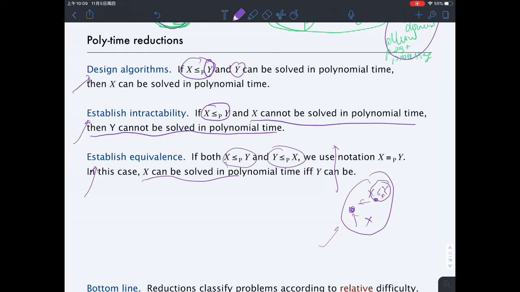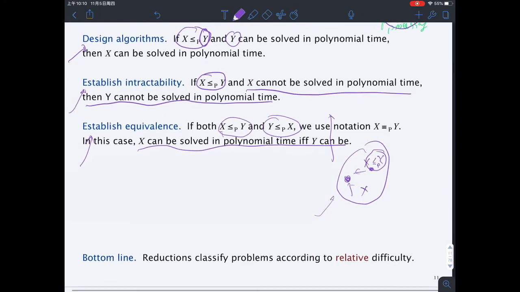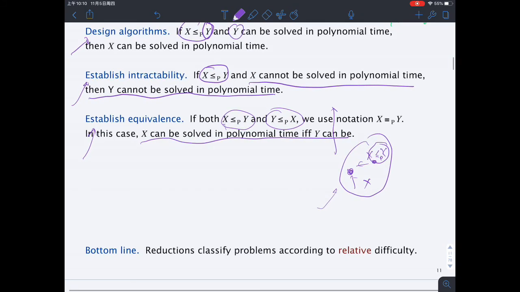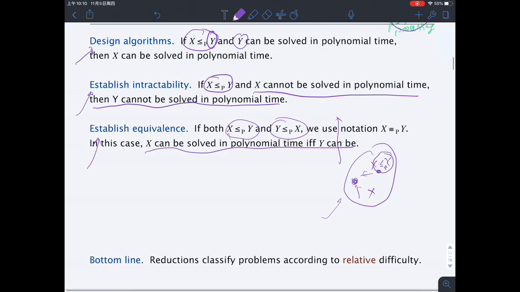In terms of the mathematical notion, it says that x can be solved in polynomial time if and only if y can be solved in polynomial time. This bottom line summarizes very precisely what we have been trying to emphasize for the entire lecture.